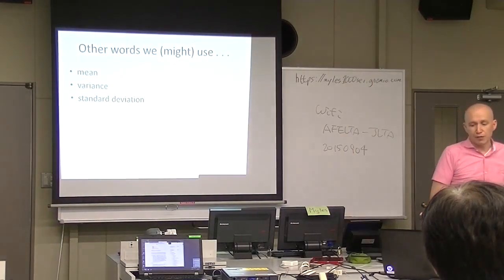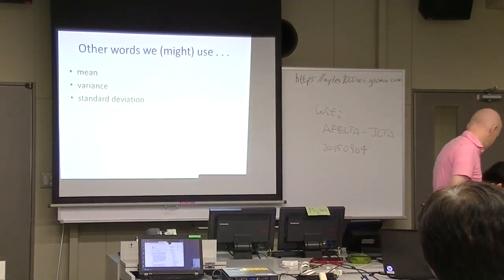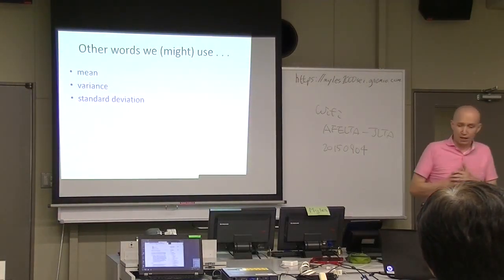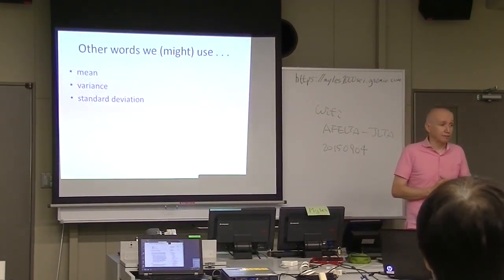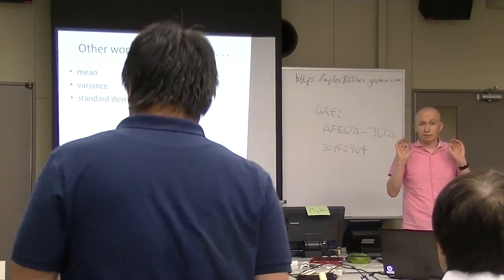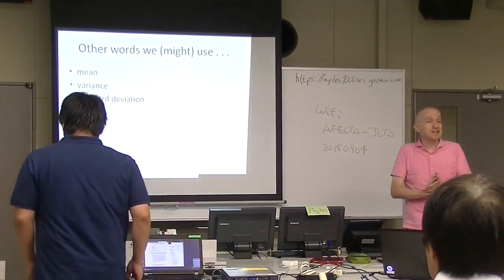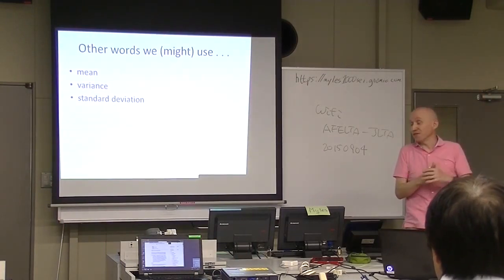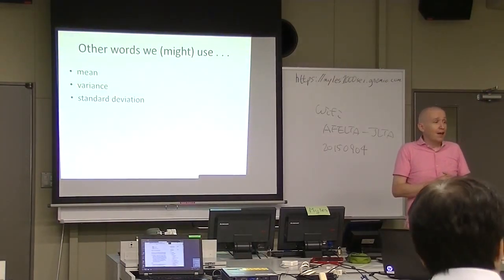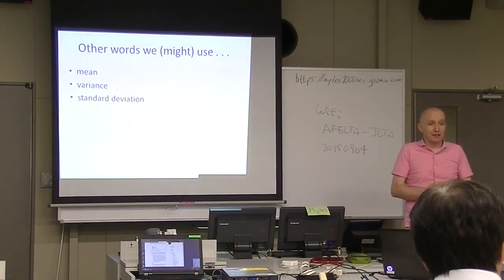Now here are some non-testy words that we'll be using, and these are a bit easier. The mean, the arithmetic mean. I'm not going to ask this one, I'm just going to tell you. That's the average. The variance.